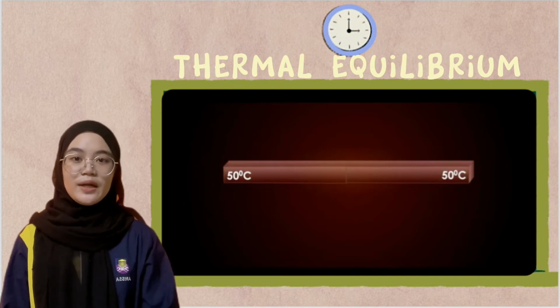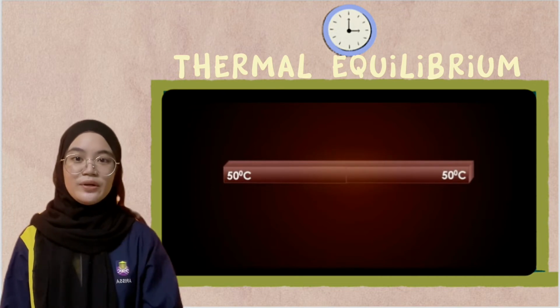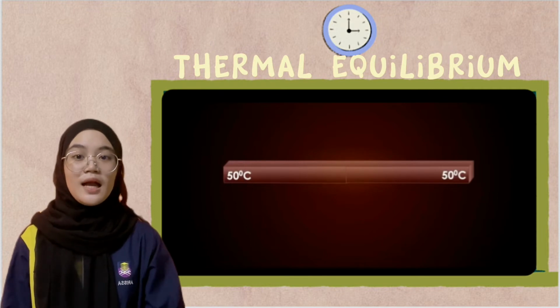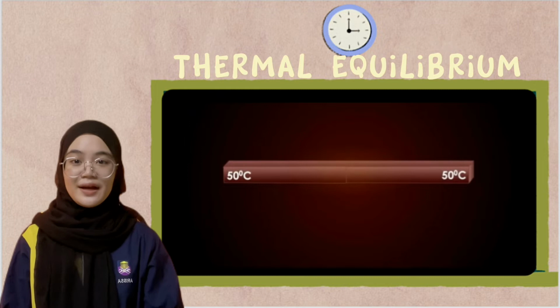The state where no heat is exchanged between two bodies in contact with each other is known as the state of thermal equilibrium. The temperature attained by two bodies in thermal equilibrium is called the equilibrium temperature or final temperature.